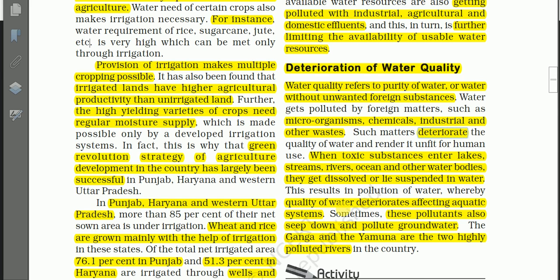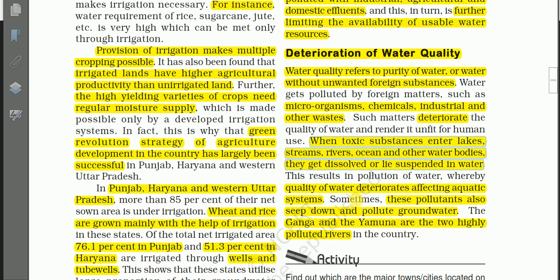When water is polluted, it is unfit for human use, as you know. And when toxic substances enter lakes, streams, rivers, oceans, and other water bodies, they get dissolved and lie suspended in water. This results in the pollution of water, whereby the quality of water deteriorates, affecting the aquatic ecosystem.